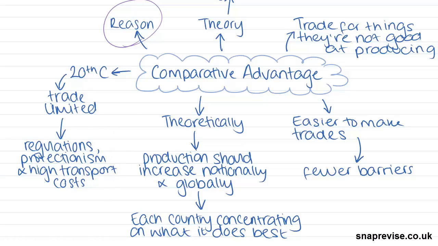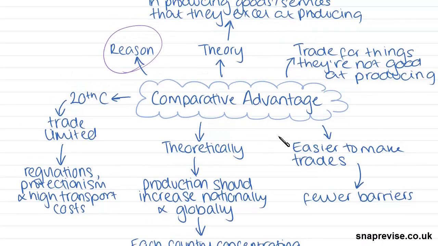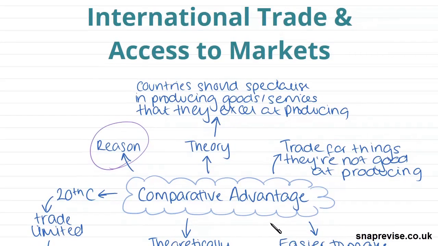So production hasn't increased as much as it has theoretically been expected to because of these limitations, but the removal of trade barriers will increase this amount of trade. So essentially, comparative advantage is countries focusing on the items that they produce the best and then trading those for the items that they aren't good at producing.